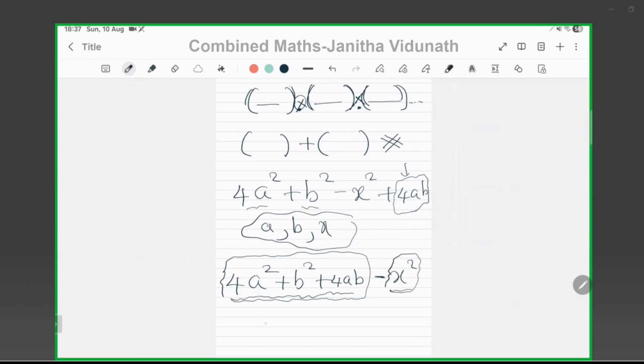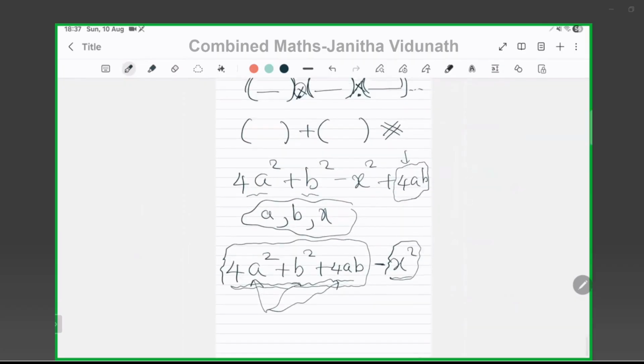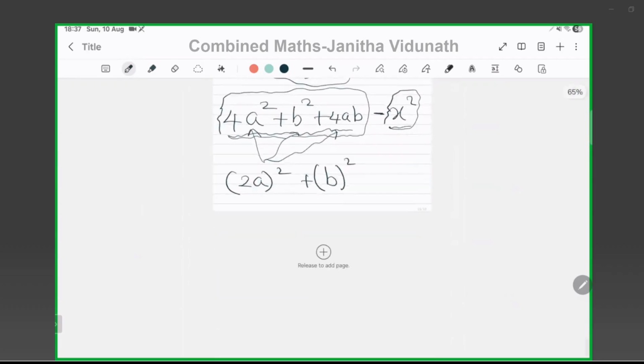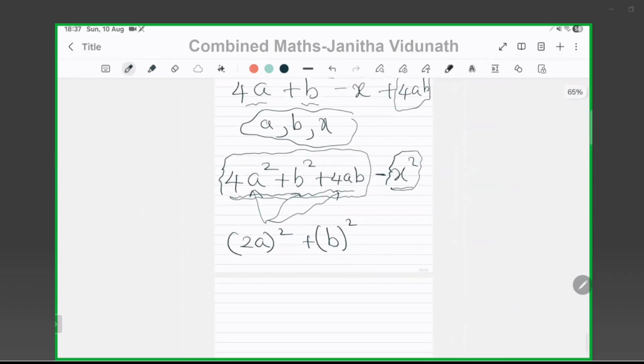If we closely observe these three terms, the first term is 2a whole square, and the second term is b whole square. Then we can identify that the third term consists of 2 times the first term times the second term, and the sign is plus.